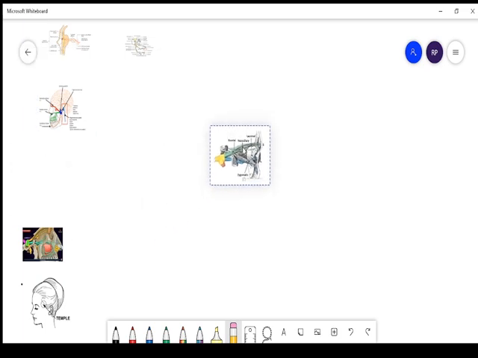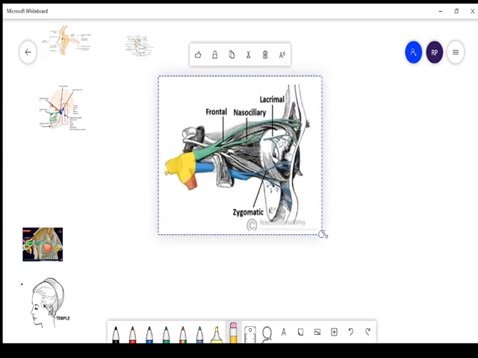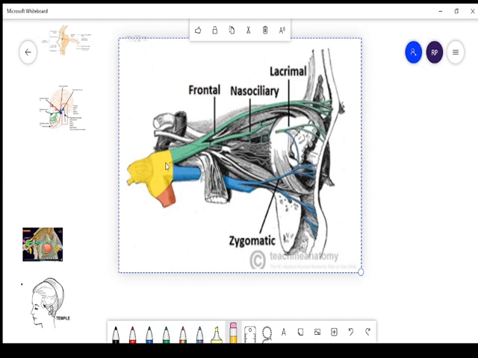So first, the ophthalmic division. This is the trigeminal ganglion in the middle cranial fossa, from which the divisions of the trigeminal nerve come. This is the ophthalmic division, that is V1. This is the maxillary division, that is V2, and this is the mandibular division, that is V3.